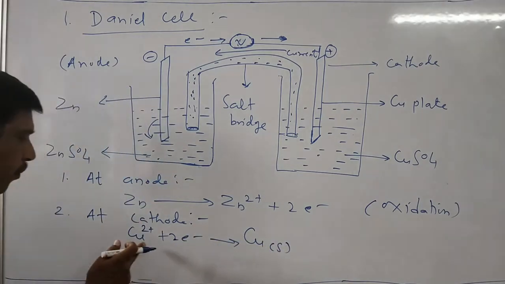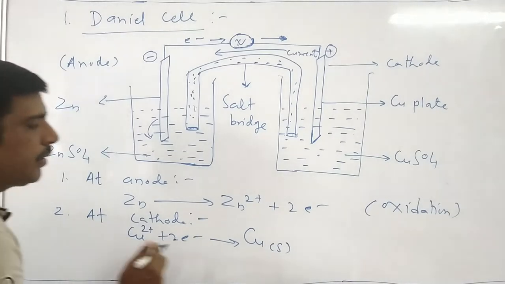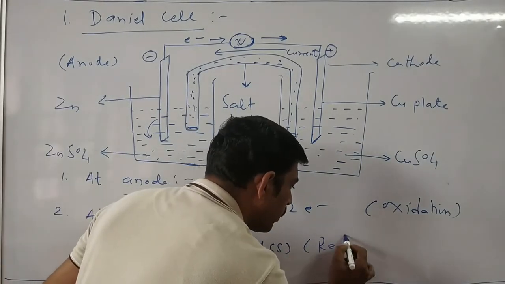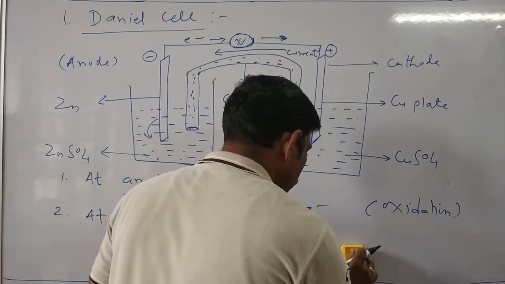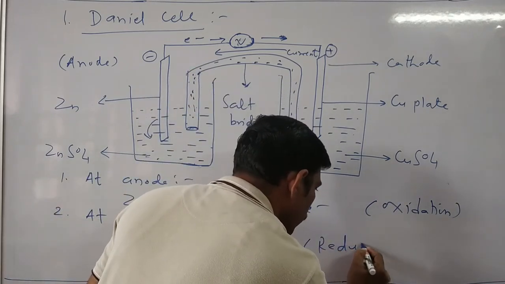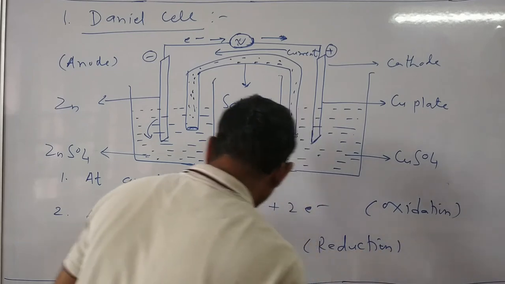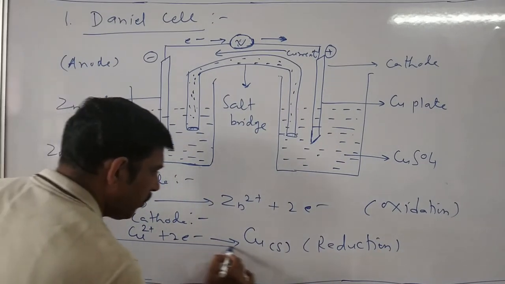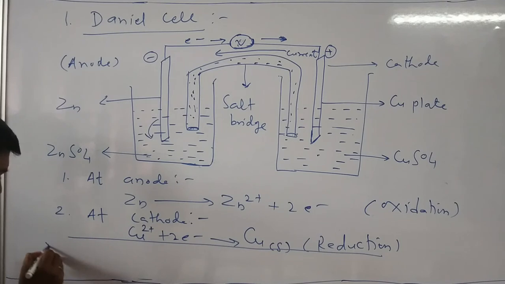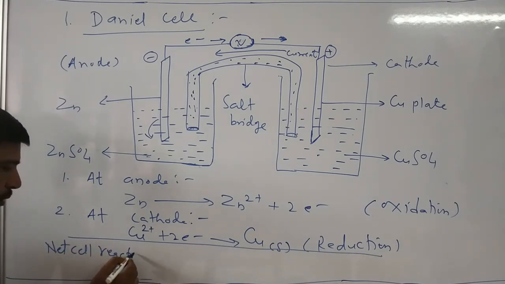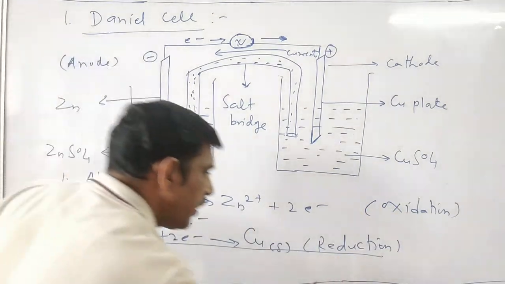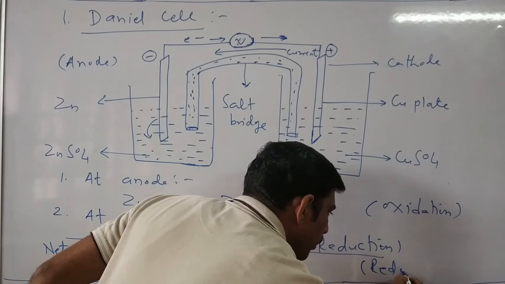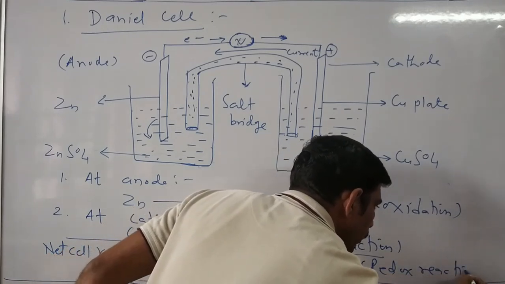The gain of electrons by this copper ion is called the reduction process. So for the net cell reaction, the combination of oxidation and reduction is the redox reaction.